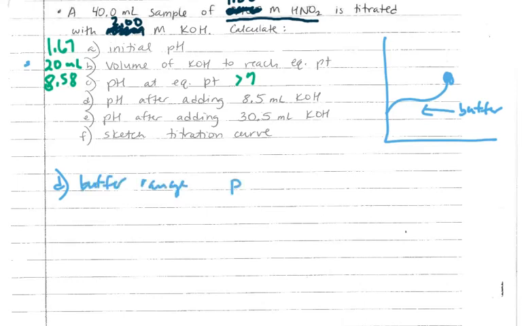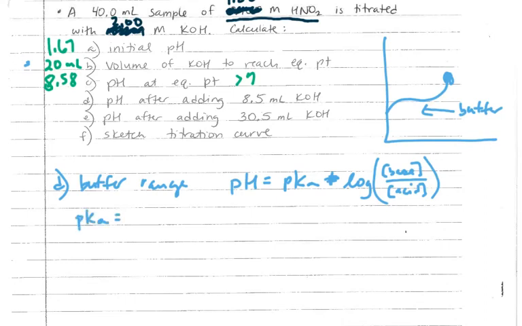So that means we need to use the Henderson-Hasselbalch equation, which is pKa plus log of the concentration of the base over the concentration of the acid. The first thing we should do is go ahead and find the pKa. The Ka that we saw before for this reaction, the negative log of that Ka, was 4.5 times 10 to the negative 4.